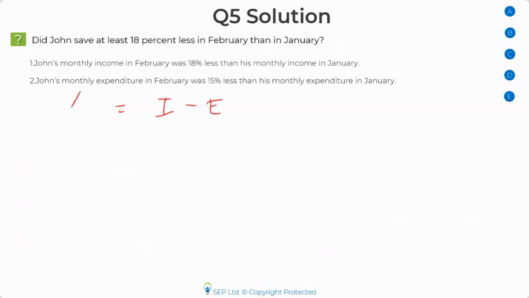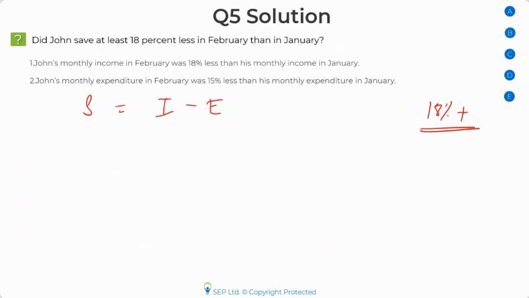The question asks whether John's savings are at least 18% less, which means 18% or more lower than the savings in January. I'm only interested in knowing whether the savings have reduced by 18% or more. So if I rephrase this question: did the savings of John reduce by 18% or more in February as compared to January?